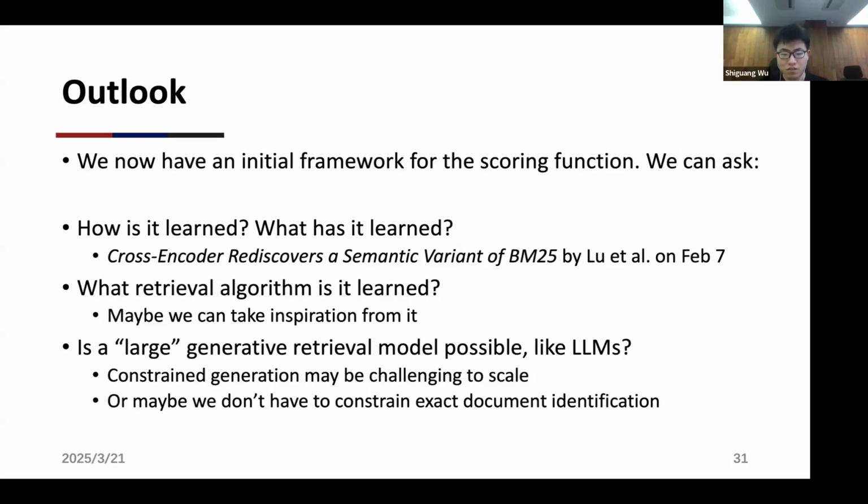We know that machine learning models are difficult at learning constraints. So we think that what restricts the model from scaling is the constraints. We have to use constrained generation to make a valid document identifier. Or, another way, maybe we don't have to constrain to exact document identifiers. So we can change the retrieval system definition. Maybe once we remove those constraints, the retrieval model can scale very easily.